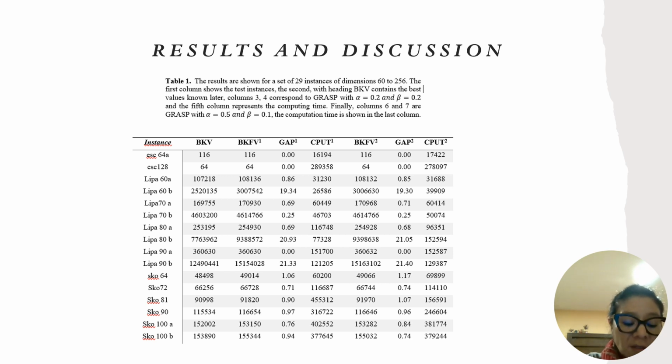Finally, for the parameters alpha 0.5 and beta 0.1, the computing time had a difference of 20%. So the results that we obtained in this research were really good.